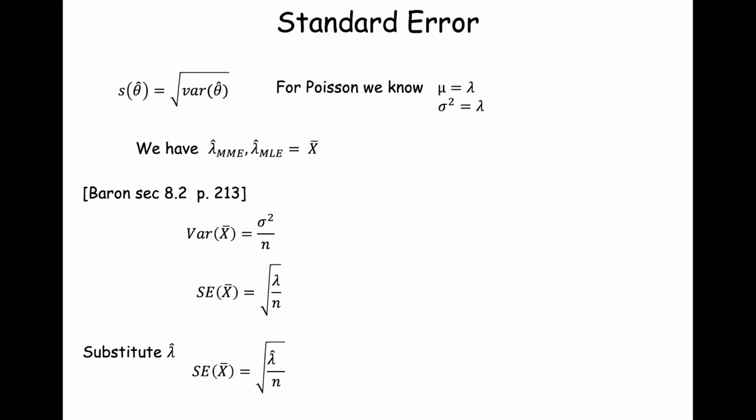Okay, we still have this standard error, and now we make this replacement knowing that lambda hat is nothing more than X bar. Given that expression, we then expand out what X bar is. X bar is 1 over n times the sum of all of the samples added together.